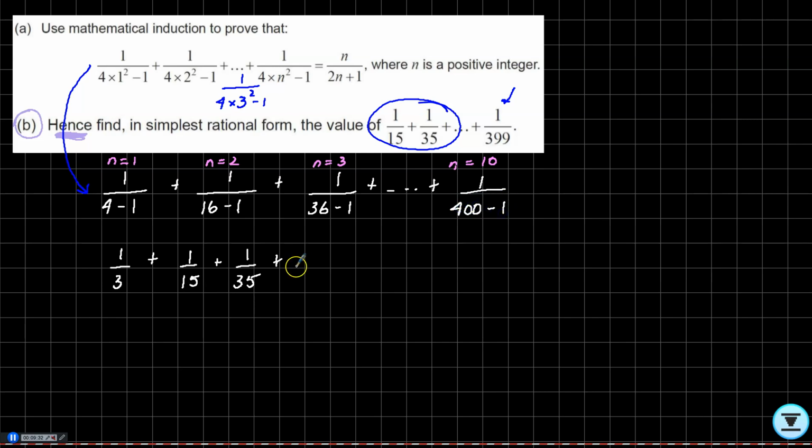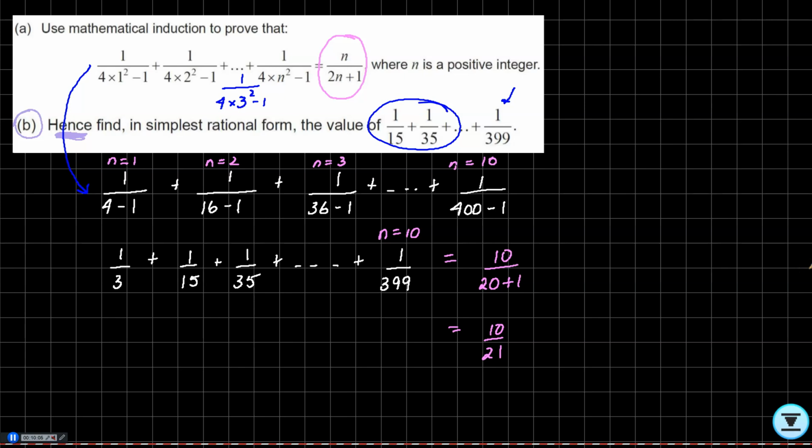Take 1, and lo and behold, we've got 1/399. So if I was to add up all of this, and we're going up to n equals 10, that's going to equal my right-hand side here. That's going to be 10 over 2 times 10 is 20 plus 1, so that's going to equal 10 over 21.